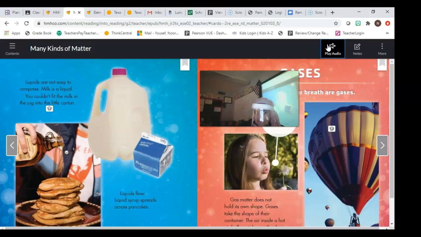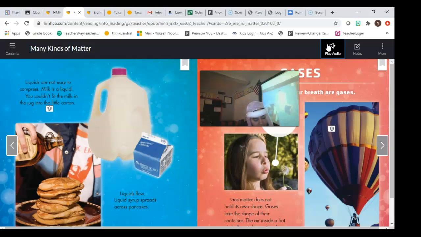I'm sorry? Very good. Milk is a liquid. Liquids are not easy to compress. There's too much milk in the jug to fit in that small carton. It's going to overspill, right? That's too much. A gallon is much bigger than that little cup. All right. It's a carton, but I'm sure the amount of milk in there is measured as a cup.